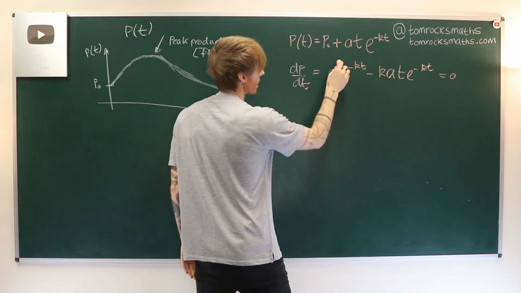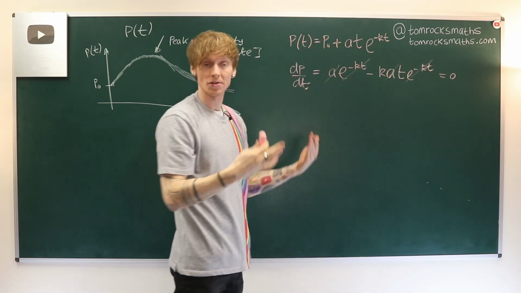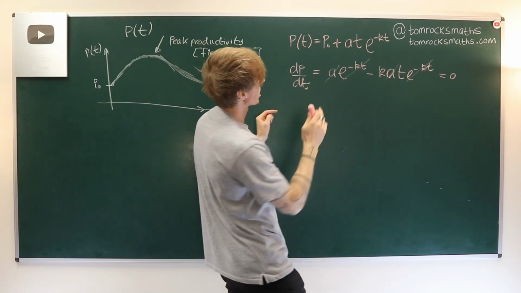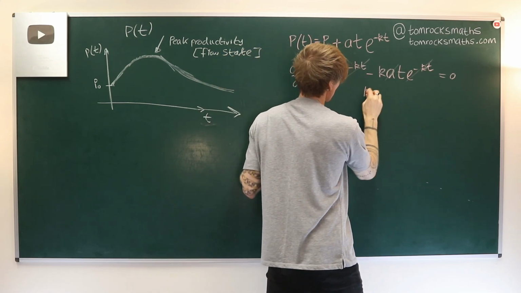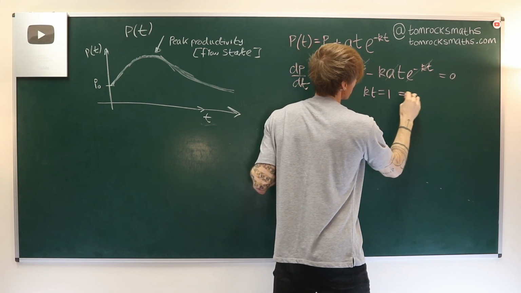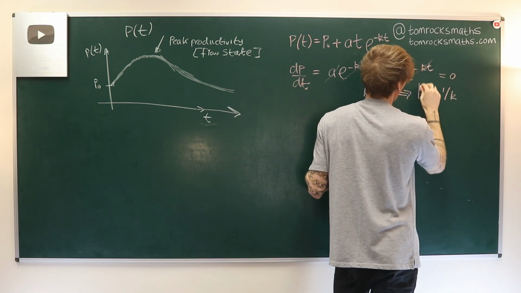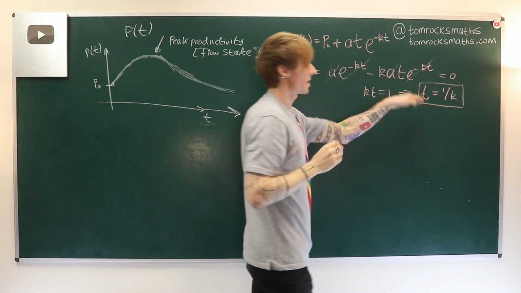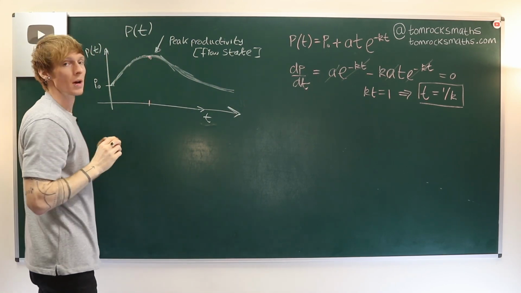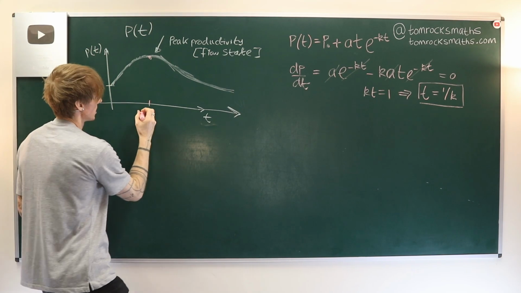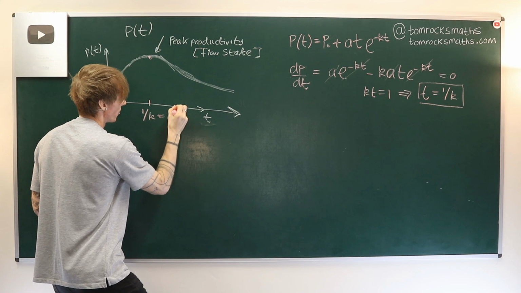So that's going to mean cancelling the A, we're going to lose the exponential because that is non-zero, and then we're left with 1 minus kt equals 0, so kt has to be 1, which tells us the time is going to be 1 over k. So this is going to be the location here of our maximum productivity, our flow state. It's going to occur at 1 over k, and we're going to call this phi.